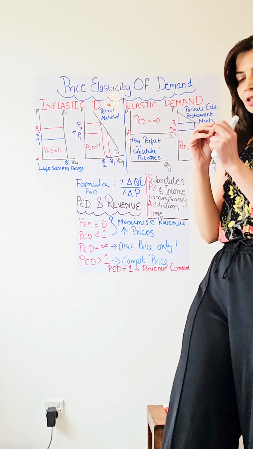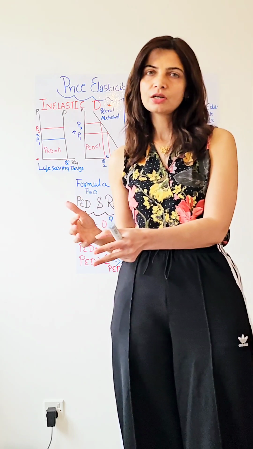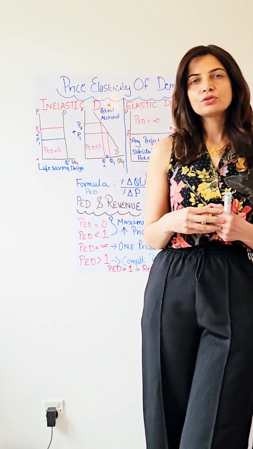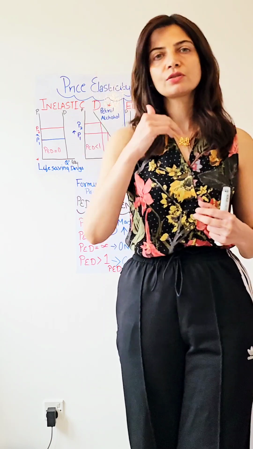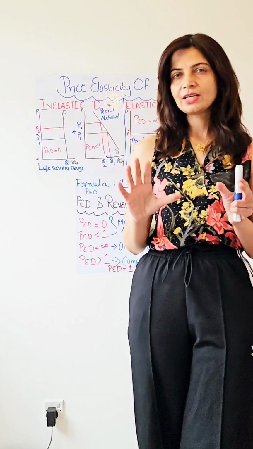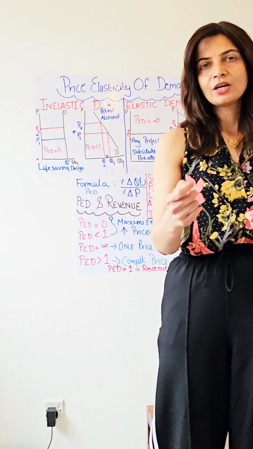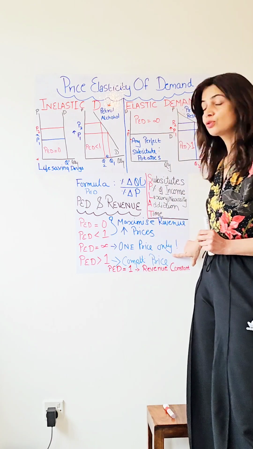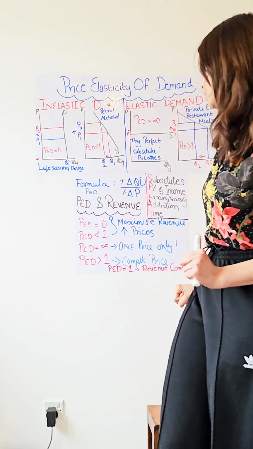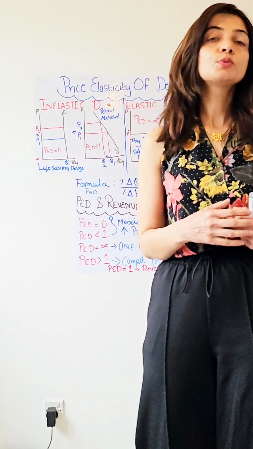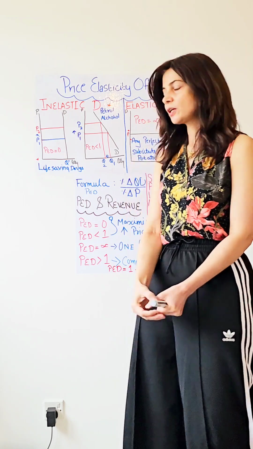In this case, the businesses understand that there are some substitutes similar to their products or services in the market, so they do not have that freedom, they do not have that privilege to just increase the prices or charge whatever they want. They have to be smart here. They will enter the market, or they will offer competitive prices in the market to maximize their sales, which in turn will maximize their revenues. Think about the price wars that supermarkets would have to attract more consumers and to gain a bigger market share.